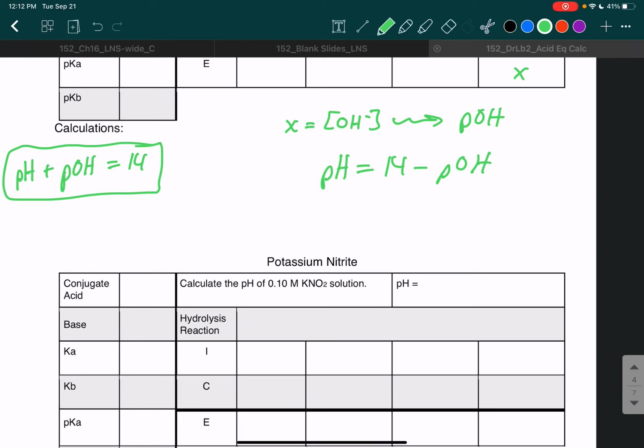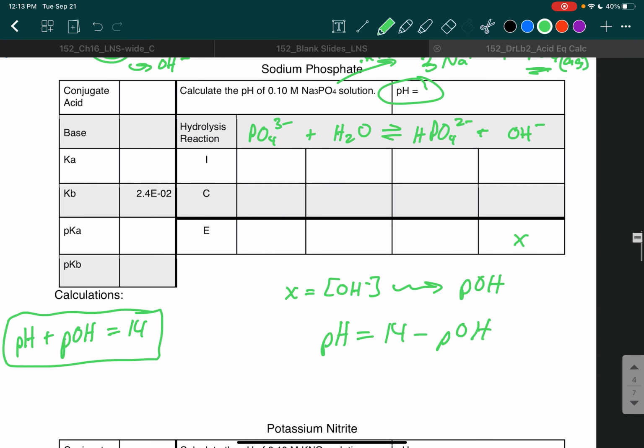Are we also doing the ones where it gives you the pKa instead? If we have time, I'm just going to save that for class tomorrow. I think I've given you enough to start making your way through some of this. We're not doing all of these, just the ones where the Ka or Kb is given.